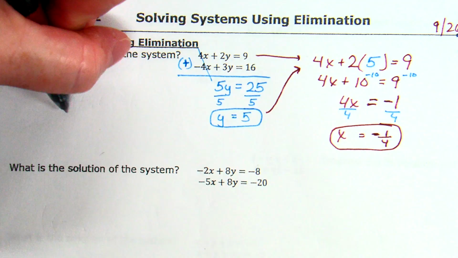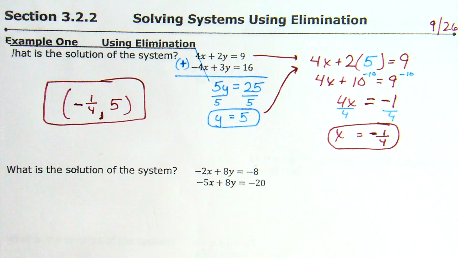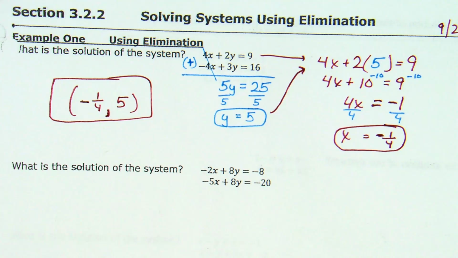Ordered pair. So negative 1/4, comma 5. Math Excel forced you to use ordered pairs last night, right? Yes. Okay. Questions? That was kind of the intro level problem. It was all set up to eliminate.